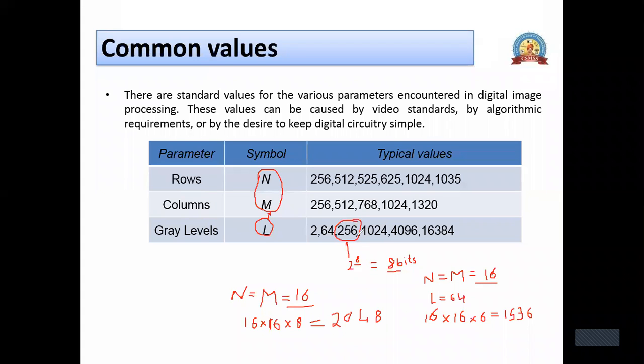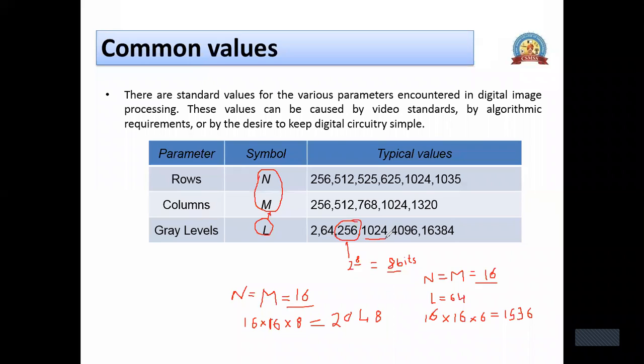There are two different reasons why we took 256. The first reason is most of the memory will be of 8 bits. So it is easy to store 8 bits in 8-bit memory, right? The second thing is, with more than 256 levels, let's say 1024 levels, our eyes or our brain doesn't discriminate that many colors.